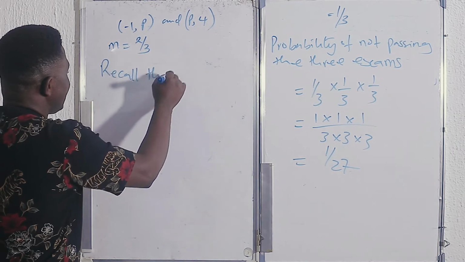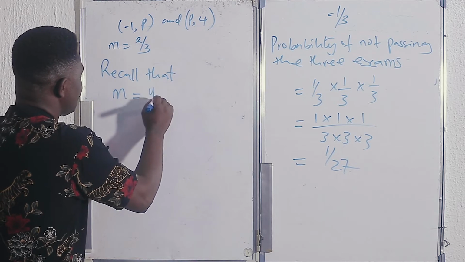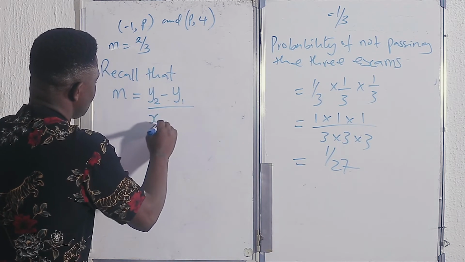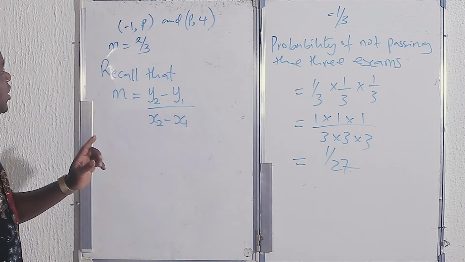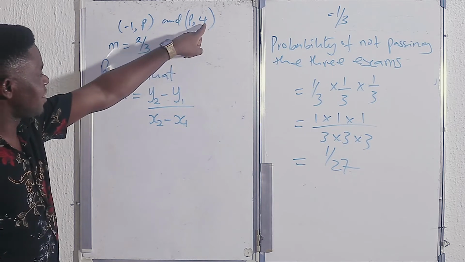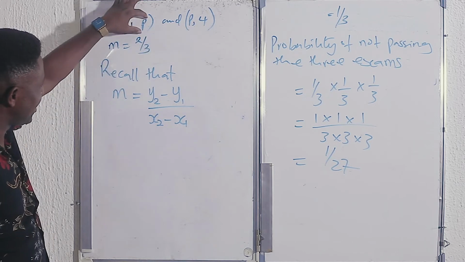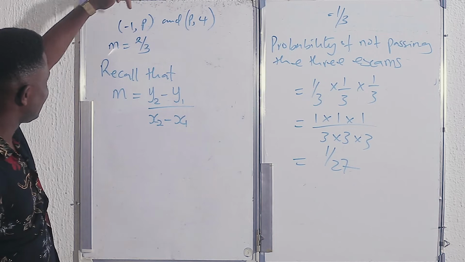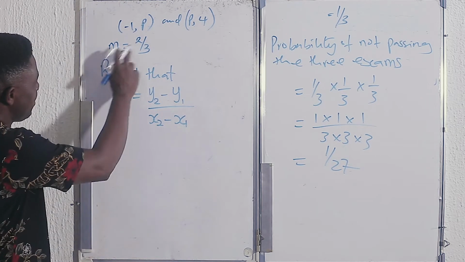Recall that gradient M is given by what? Y2 minus Y1 all over X2 minus X1. What's Y2? Y2 is the second value here, which is 4. Y1 is the first value here, which is P. X2 is P here, and X1 is -1 here. So M is 2 over 3.